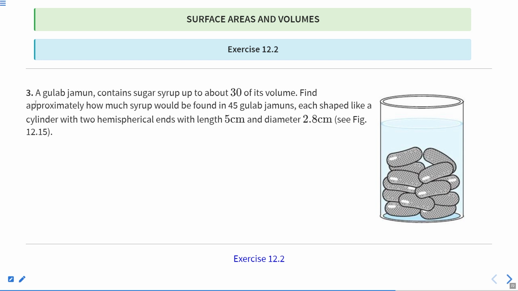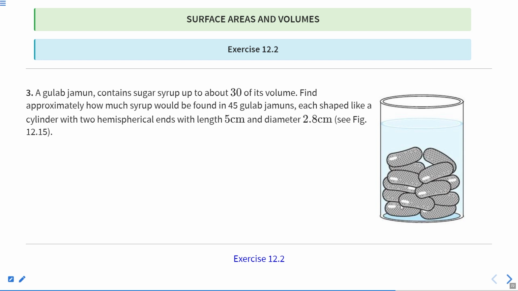In this question, we have gulab jamun which contains sugar syrup up to about 30% of its volume. We have to find approximately how much syrup would be found in 45 gulab jamuns. It's shaped like a cylinder with two hemispherical ends, with length 5 centimeter and diameter 2.8 centimeter.